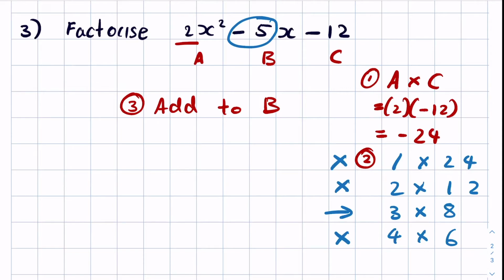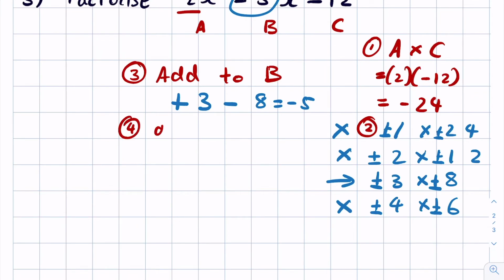And remember that this could be plus or minus. So looking at this, we're going to have plus 3 and negative 8 in order to get negative 5.